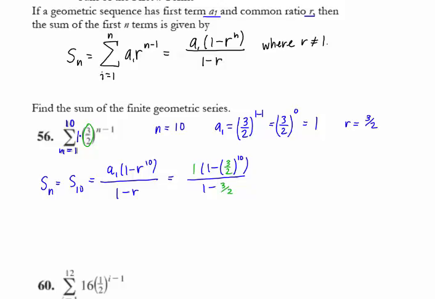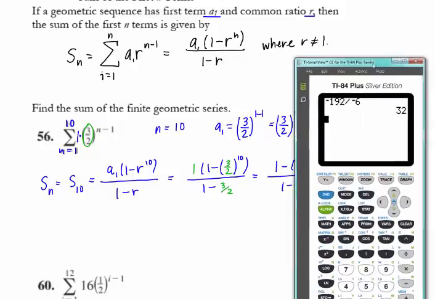This gets a little tricky for students in their calculators. We really want 1 minus 3 halves to the 10th divided by 1 minus 3 halves. Of course, you could do the 1 minus 3 halves in your head probably, or off to the side, but it's a little unlikely given people's affection for fractions.